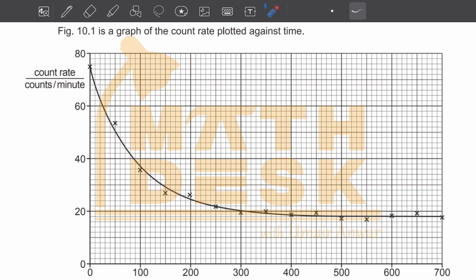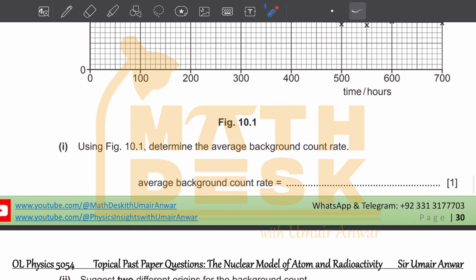So we have the count rate, counts per minute, on the y-axis, and we have time in hours on the x-axis. From this figure, the first task is to determine the average background count rate.